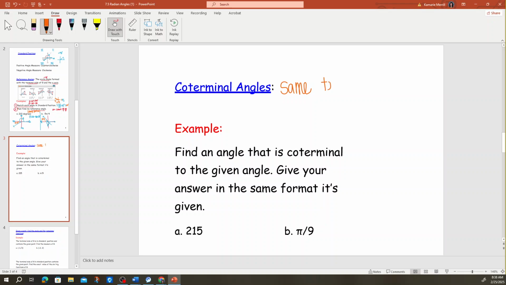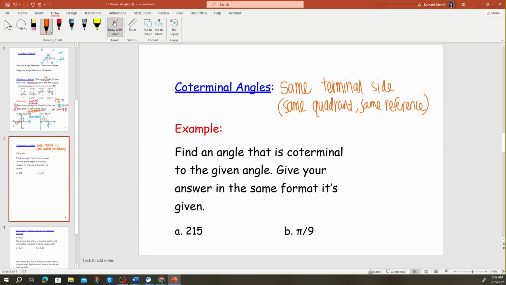What do you think? Same terminal side. What that means is I need an angle that's coterminal that has the exact same, they land in the same quadrant, same spot, with the same reference angle. So they're essentially the same exact spot as I go around the circle.